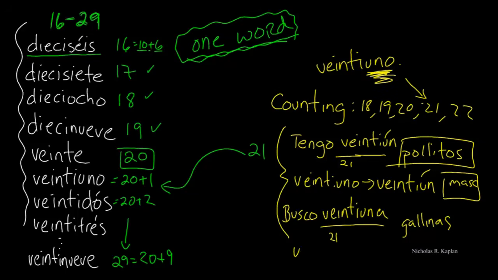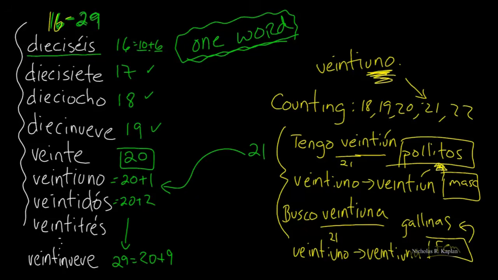So when we have 21, our uno will change to an una before feminine nouns. So our numbers 16 through 29 are pretty straightforward. We write them as just one word, and the one that we have to look out for is 21.